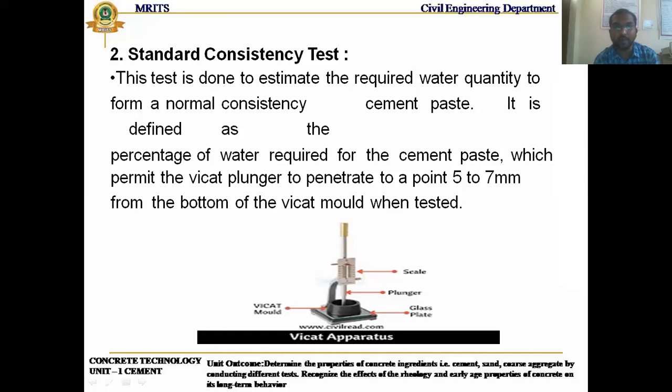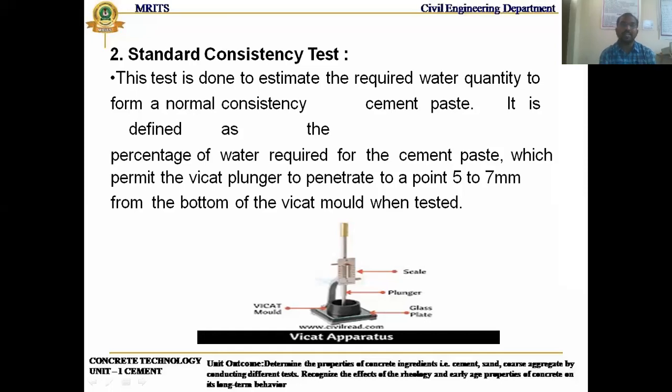It can also be defined as the percentage of water required for the cement paste which will permit the Vicat plunger to penetrate to a point 5 to 7 mm from the bottom of the Vicat mold when tested. So for the initial consistency, we test using a Vicat apparatus.